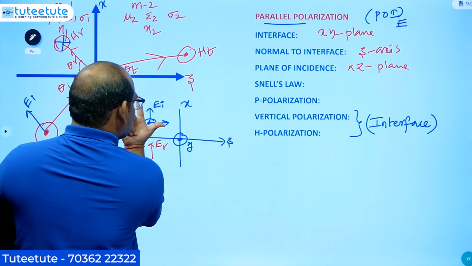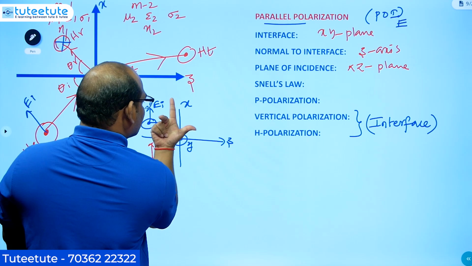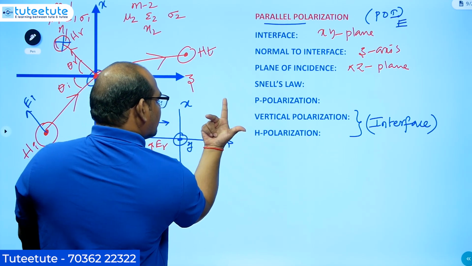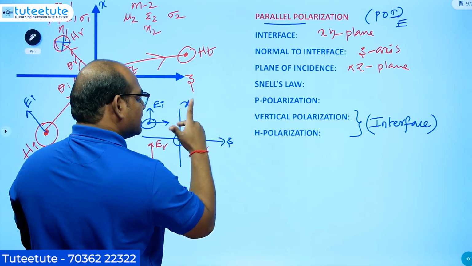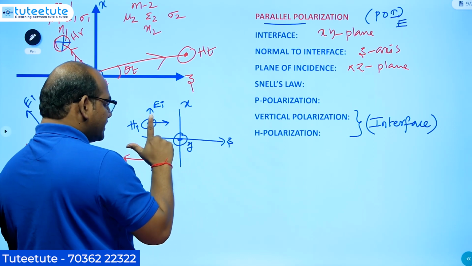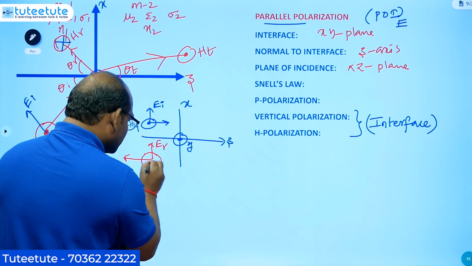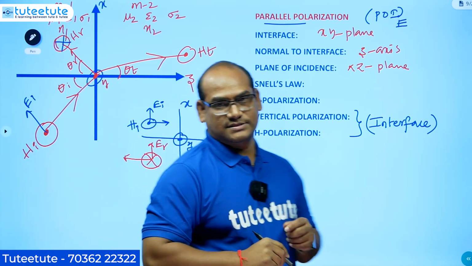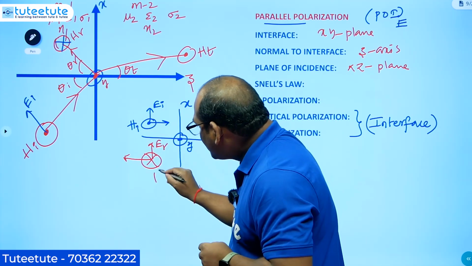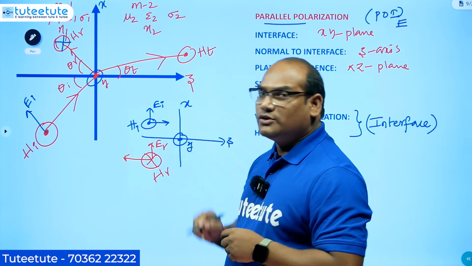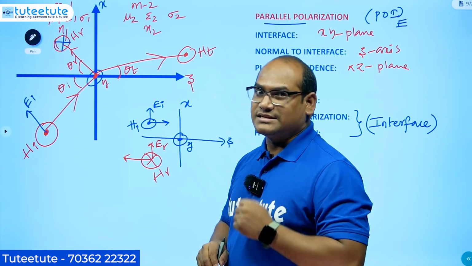In this case, the magnetic field is coming out of the screen. For the reflected wave, the magnetic field orientation is going into the board, so I have to take a circle cross. This indicates the reflected magnetic field is going into the board, into the plane of incidence.